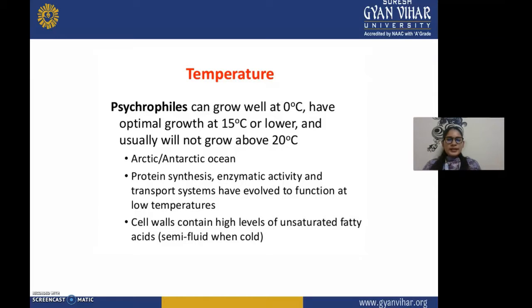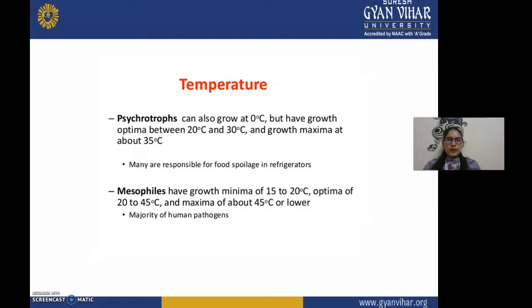They are found in Arctic and Antarctic oceans, where protein synthesis, enzymatic activity and transport systems have evolved to function at low temperature. Cell walls contain high levels of unsaturated fatty acids, which remain semi-fluid when cold.